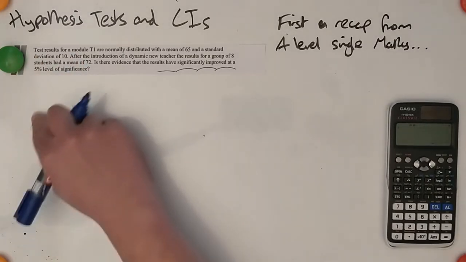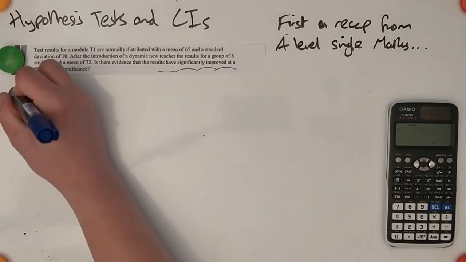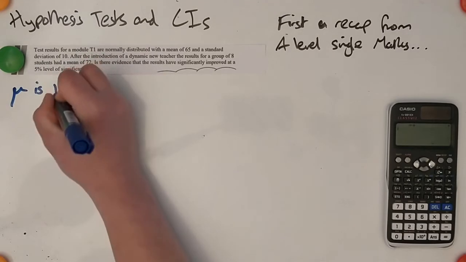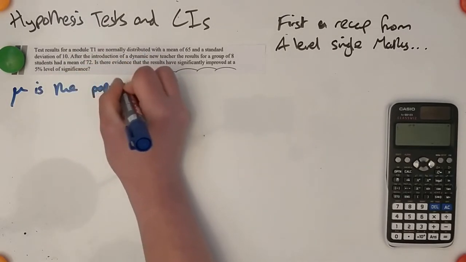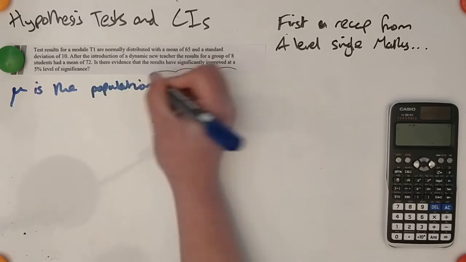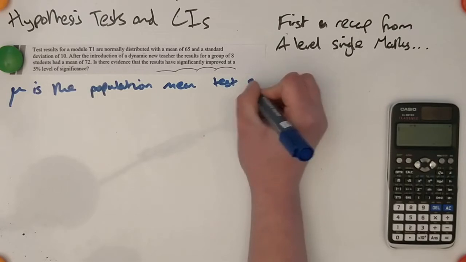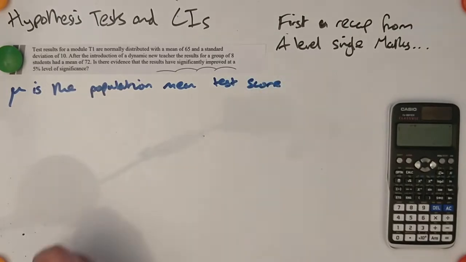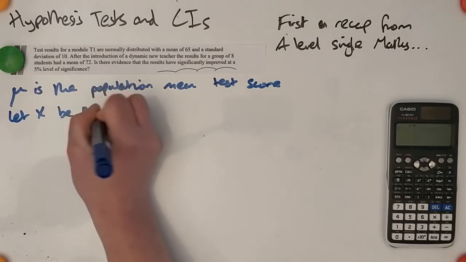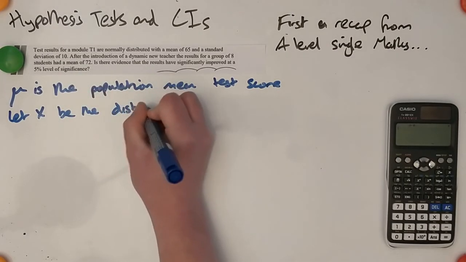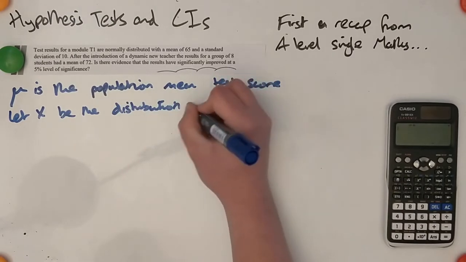So, going back to how we set up these hypothesis tests, we start off with mu is the population mean test score, and we let x be the distribution of test scores.